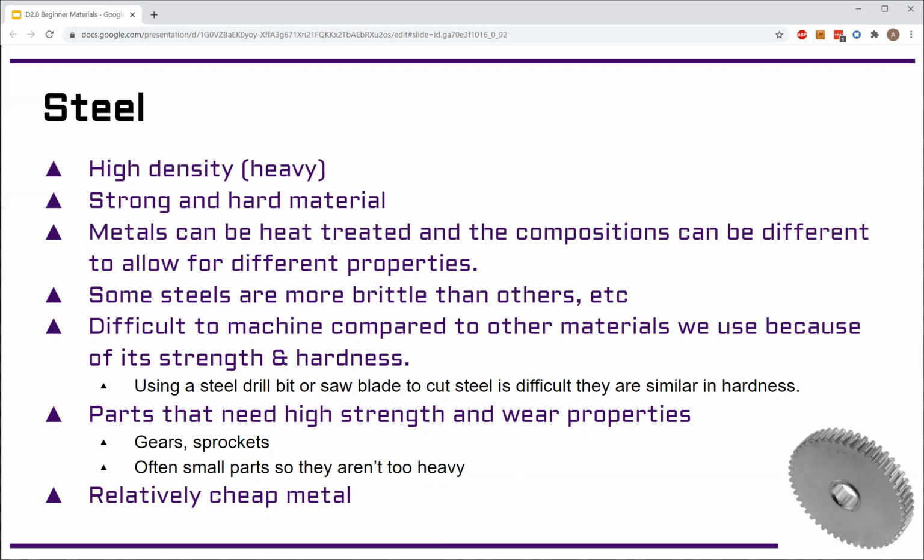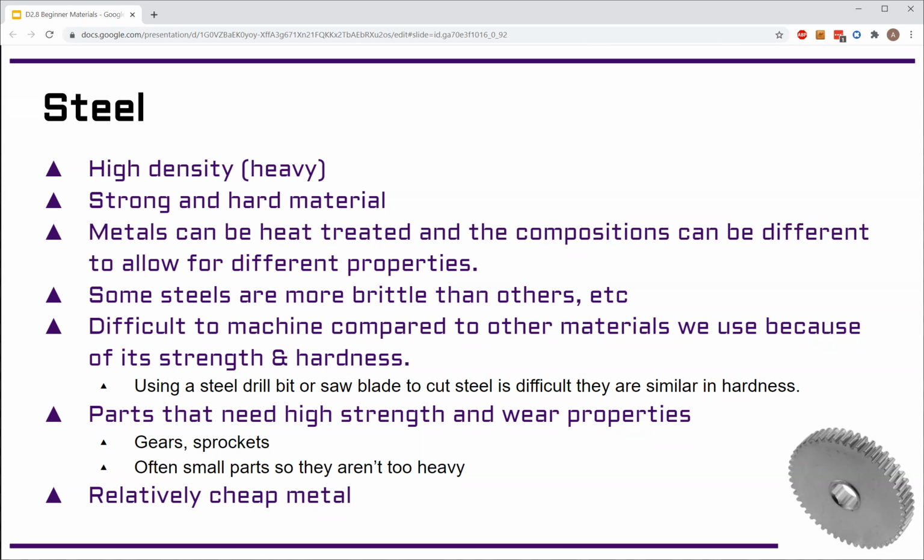Metals have some other properties. Not all steels are the same. They can have different heat treated levels, so you can do different things to them, as you apply heat, their actual mechanical properties will change. You can also have different compositions.